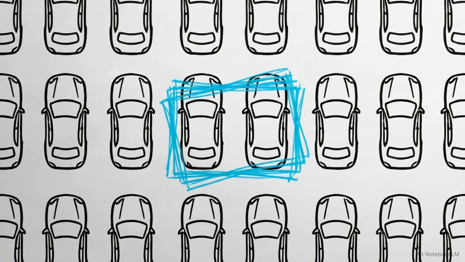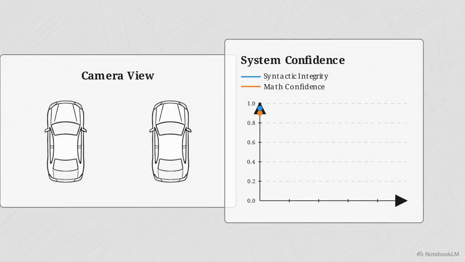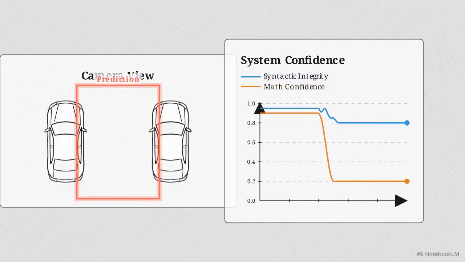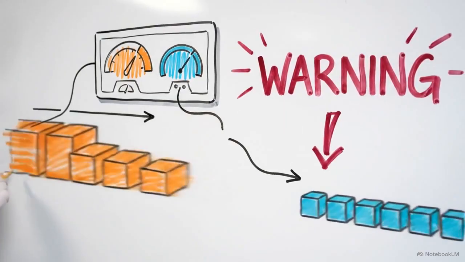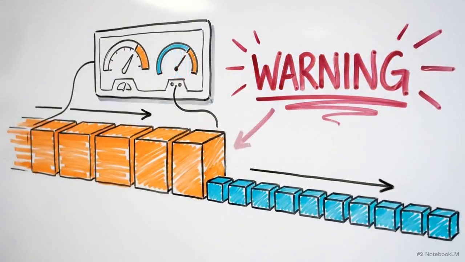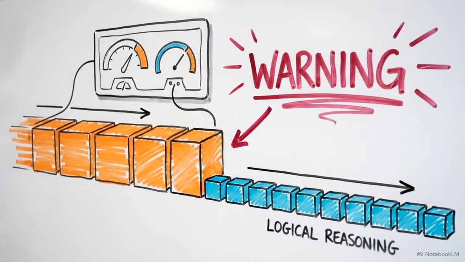When objects are densely packed into regular grids, like rows of parked cars, the parallel output can blur spatial boundaries and generate an intermediate coordinate between two distinct objects. To maintain precision, the system continuously monitors both the syntactic integrity of the string and the mathematical confidence of its coordinates during parallel generation. A robust system requires a dynamic mechanism to detect these specific visual uncertainties and immediately revert to a more stable decoding state.